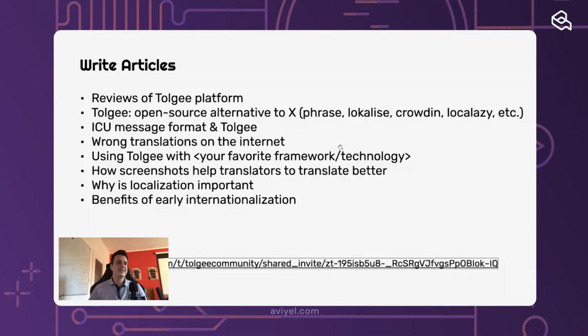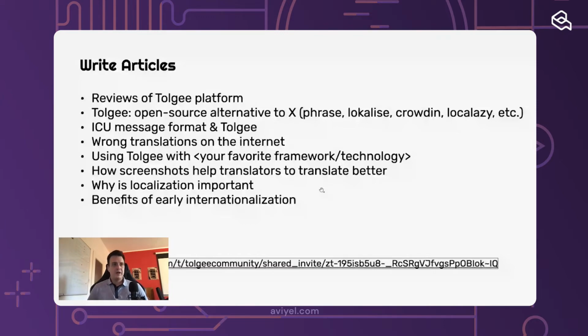There are a lot of cases of what happens to companies when they translated something wrong, and sometimes it was pretty funny. For example, they had to leave some market in some country because they shared something which was totally wrong. So there are a lot of fun stories about that. You can write about how you are using Tolgee with some specific framework or specific technology.